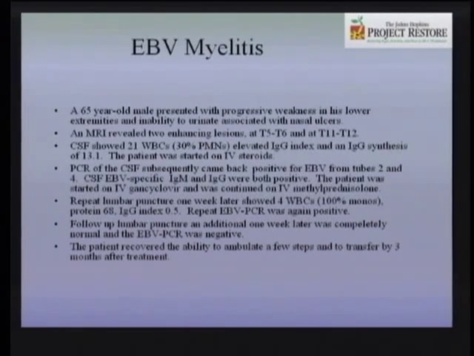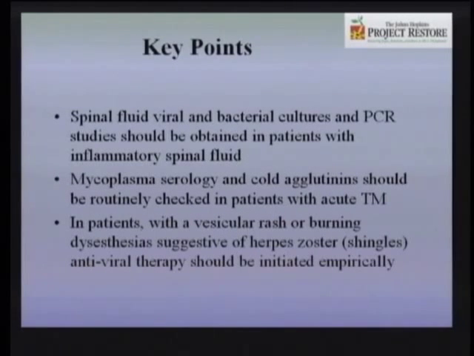Epstein-Barr is a herpes virus, and it is important to look for that in the acute phase of a transverse myelitis because you can define the presence of the virus in the spinal fluid and can initiate antiviral therapy if you catch this early. So you think about this because there are appropriate antibiotics or antiviral therapies in the case of certain infectious myelitis.